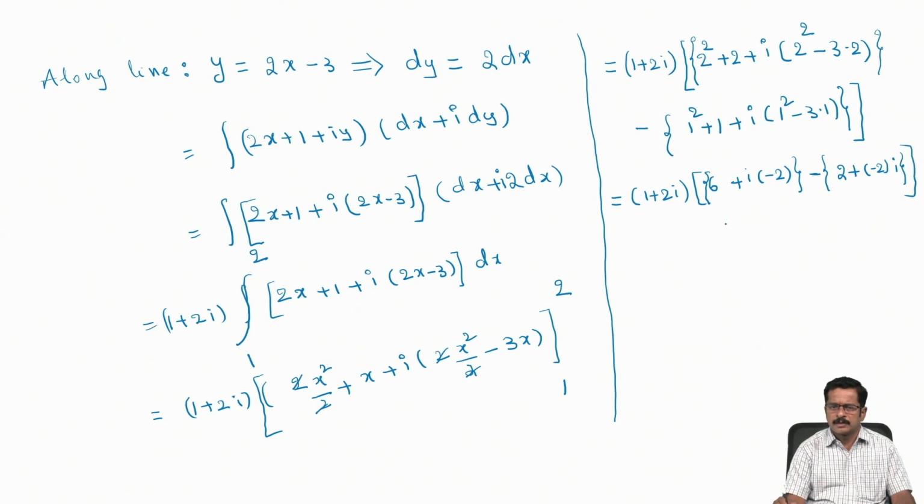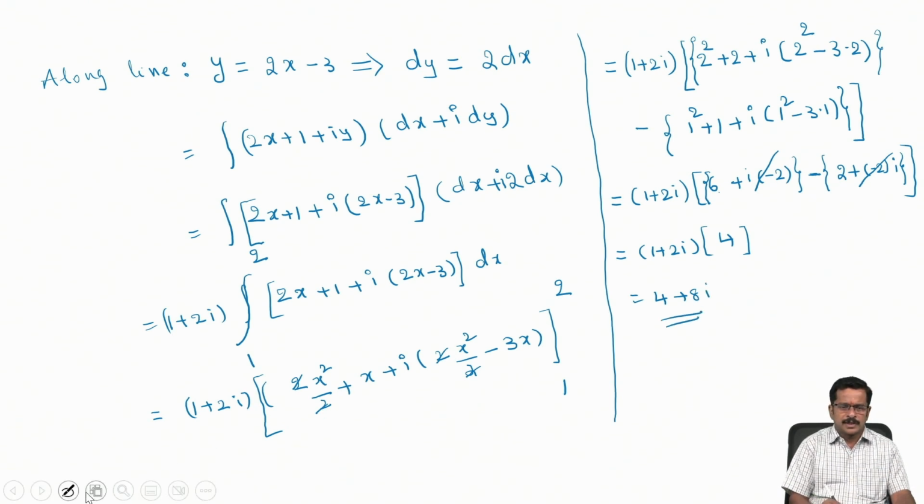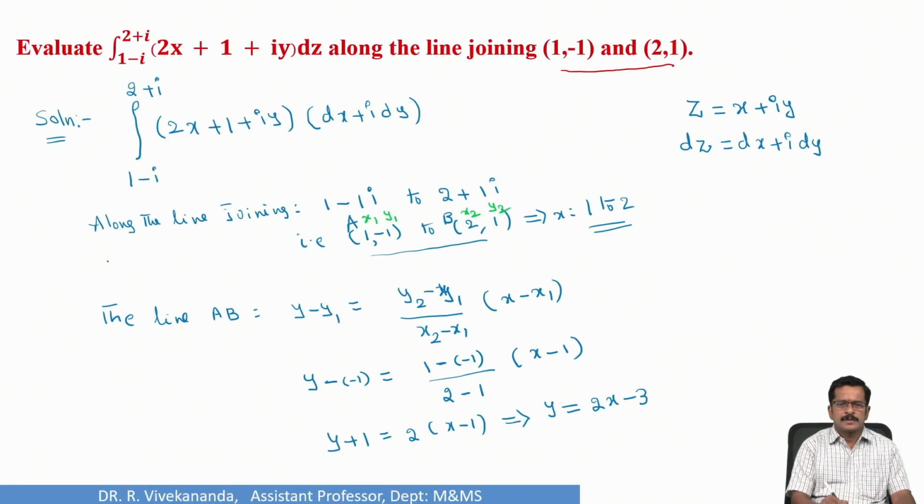Close the big bracket. Simplifying, (1 plus 2i) into (6 minus 2 is 4, and minus 2i plus 2i is 0, since the two minus 2i terms cancel under subtraction). So this equals 4 plus 8i, which is the value of the given complex integration.